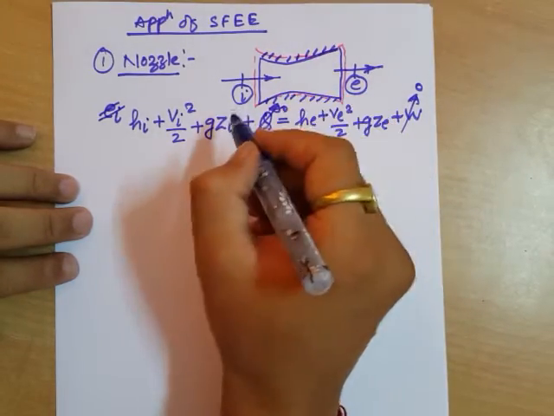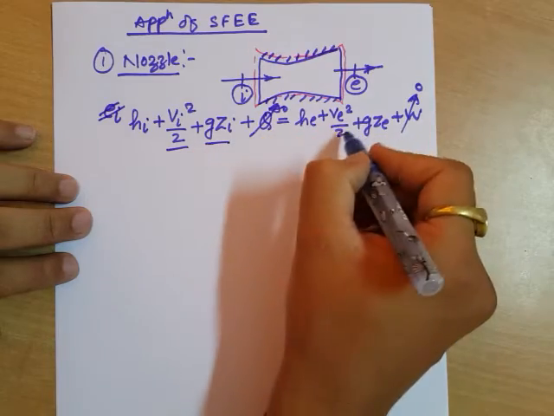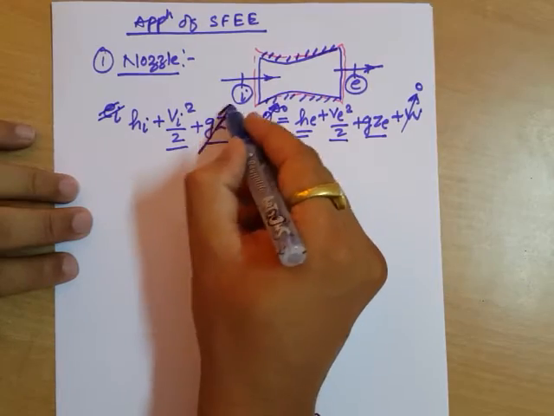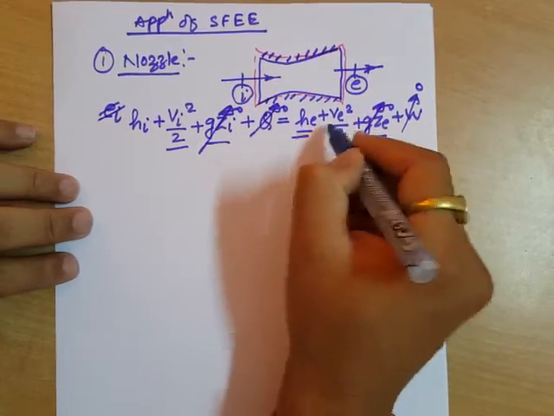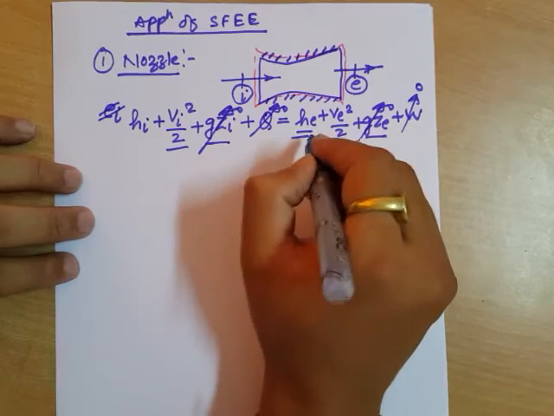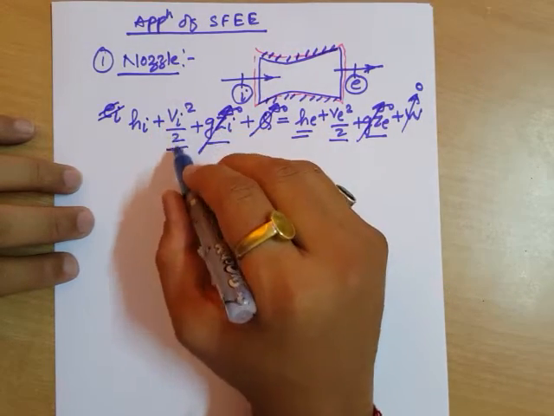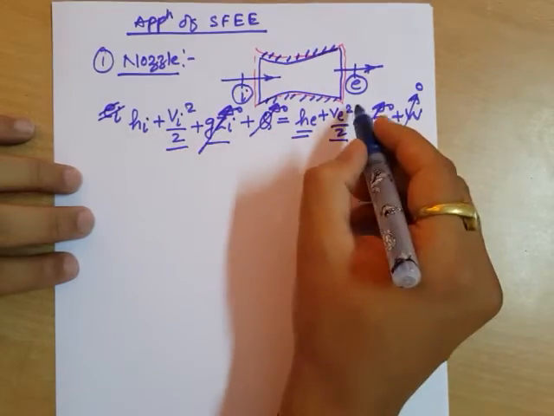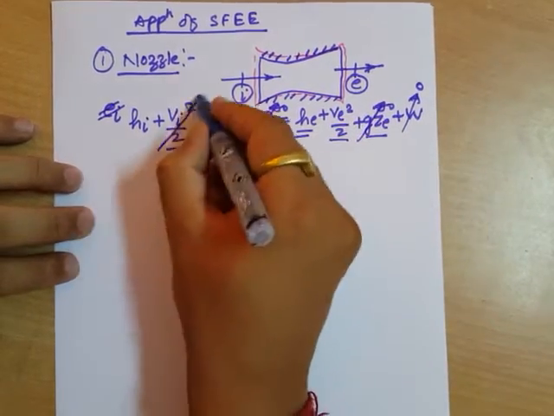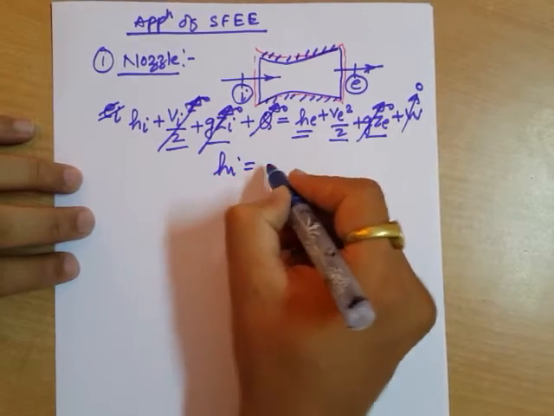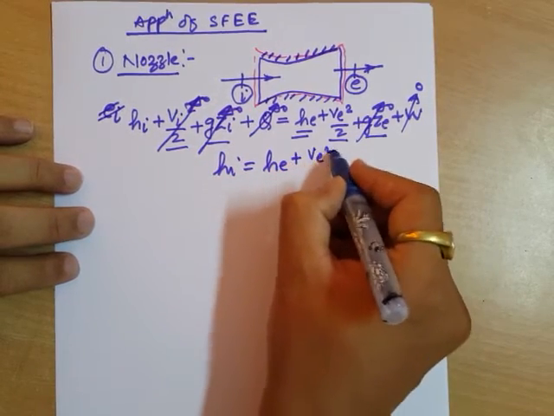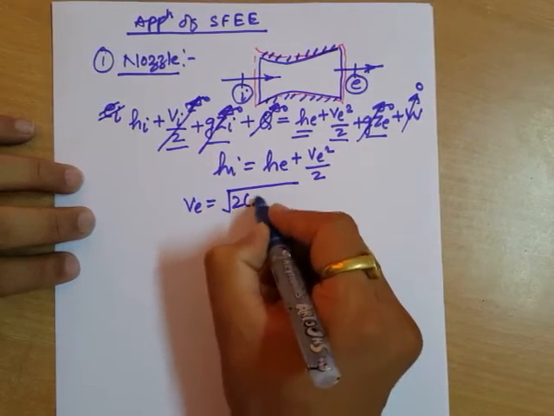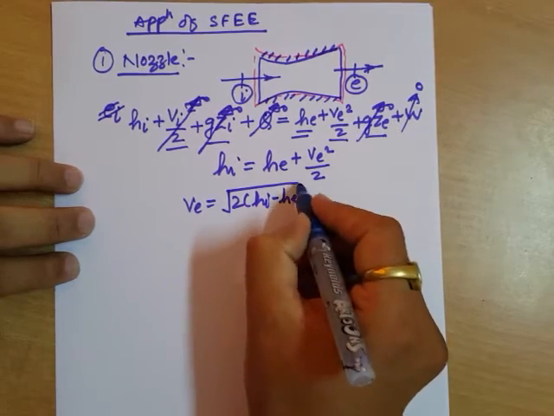And at the same time, if we neglect the changes in kinetic and potential energy with respect to the other terms, and at the same time we say that the inlet velocity to the nozzle is very small in comparison to the exit velocity, then we can say that hi will be equal to he plus Ve square by 2. So Ve will be the square root of 2 times (hi minus he).